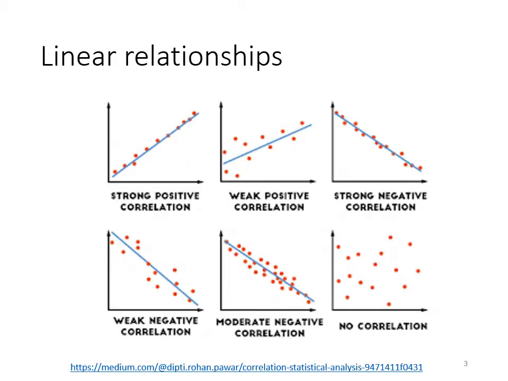Shown here are several graphs that show the relationship between two variables. If we look at this upper left graph here, we see that there is a strong positive correlation between variable x and y. On the other hand, if we look here at the upper right-hand graph, we see that there is a strong negative correlation.